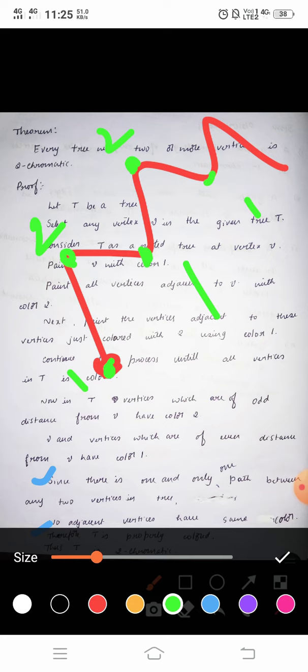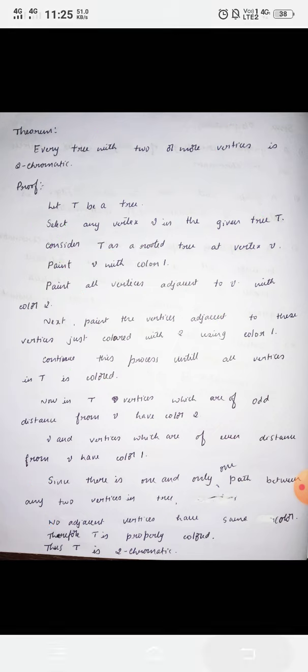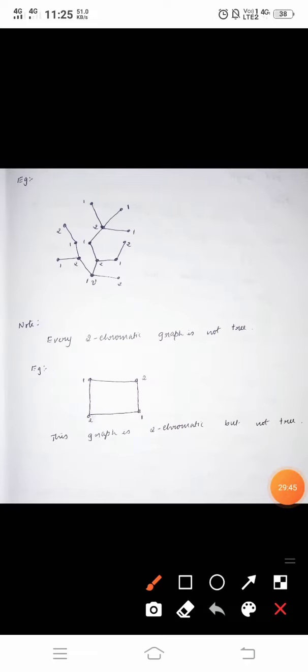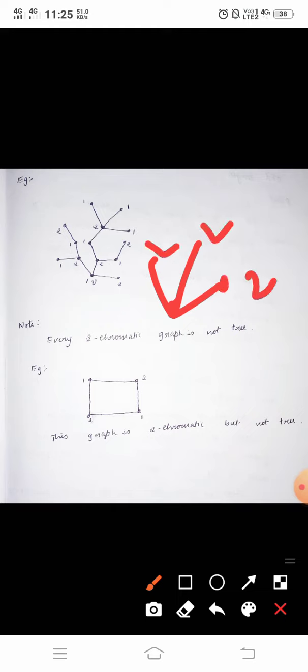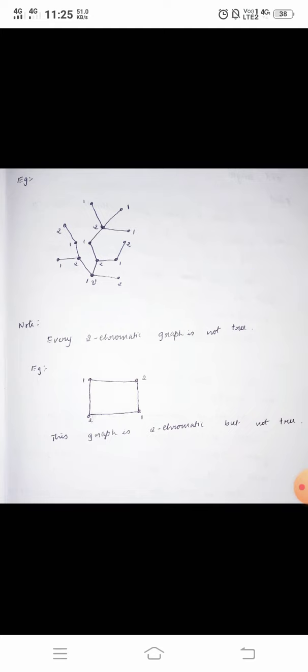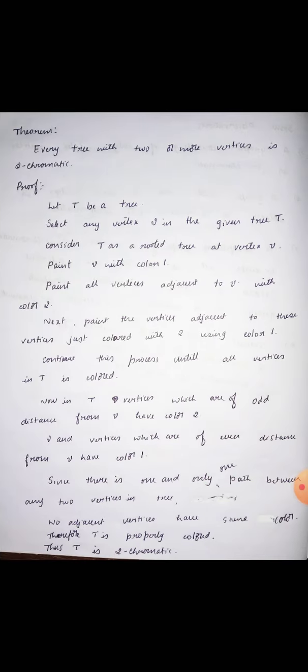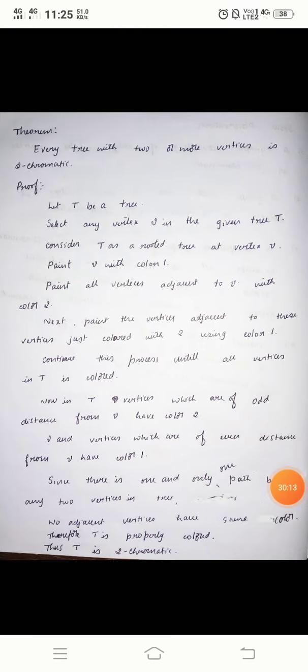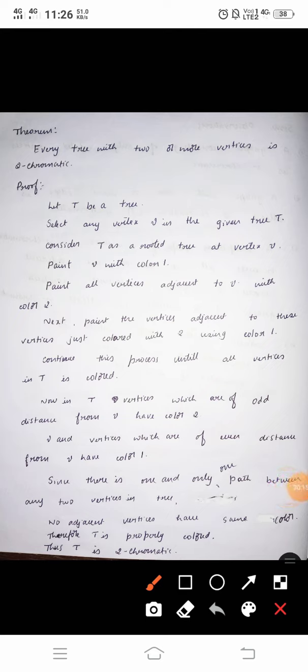You can observe that no two adjacent vertices have the same color. You can observe here too, because the first vertex we have colored with 1, the adjacent vertices to that we colored with 2, and the ones adjacent to 2 we gave 1. Since there is only one path between every pair of vertices, from the process we did we can say that no adjacent vertices can get the same color. You can also observe this on the graph.